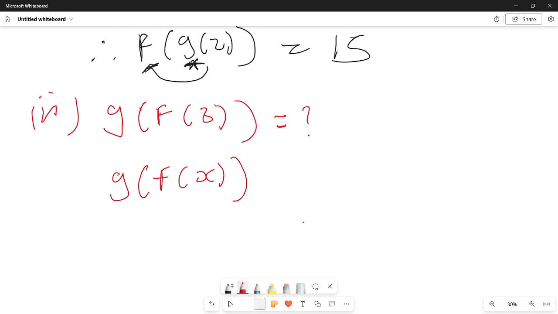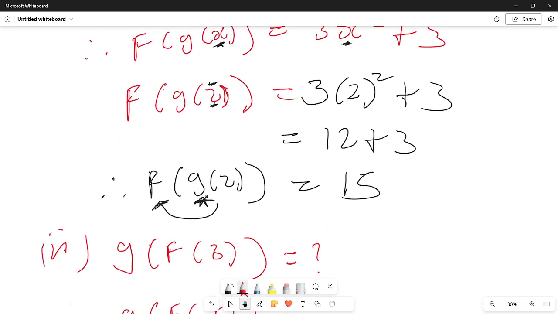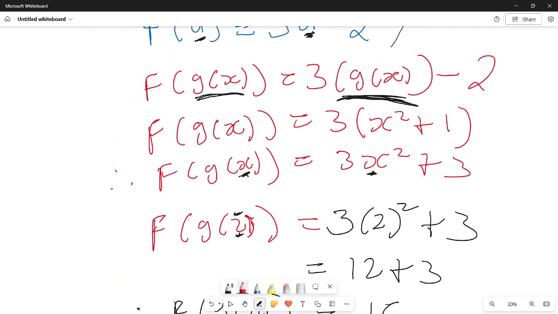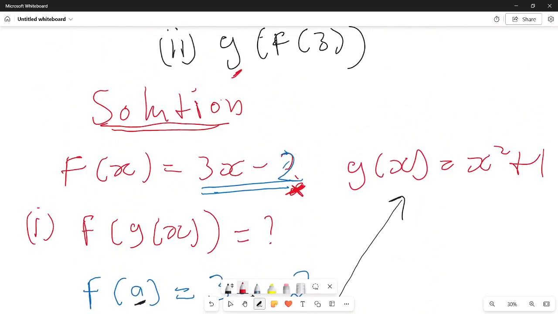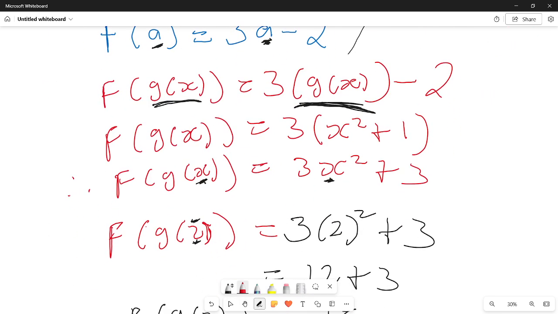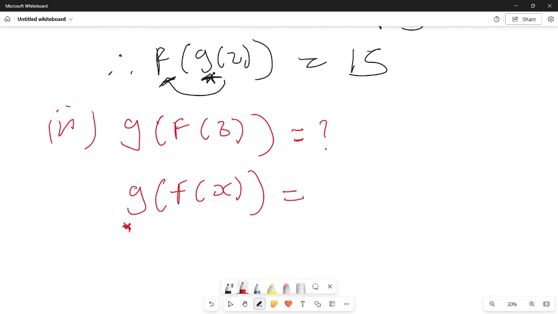So from what I've just presented to you, you first start with defining what is your g. So g, remember, is defined as x squared plus 1. So it means where there is x, we're now going to put f.